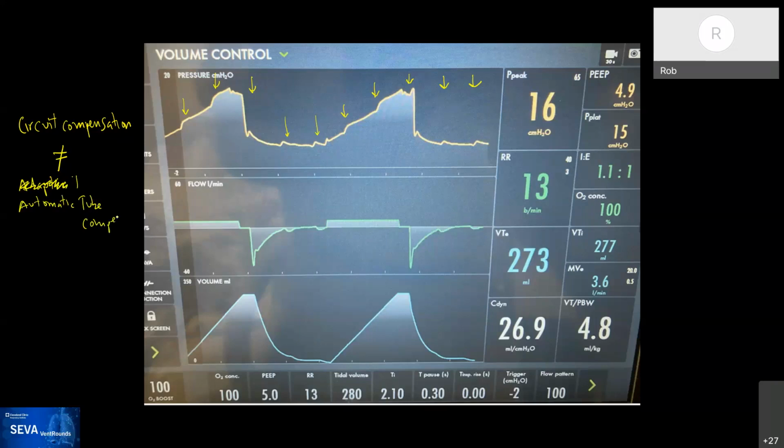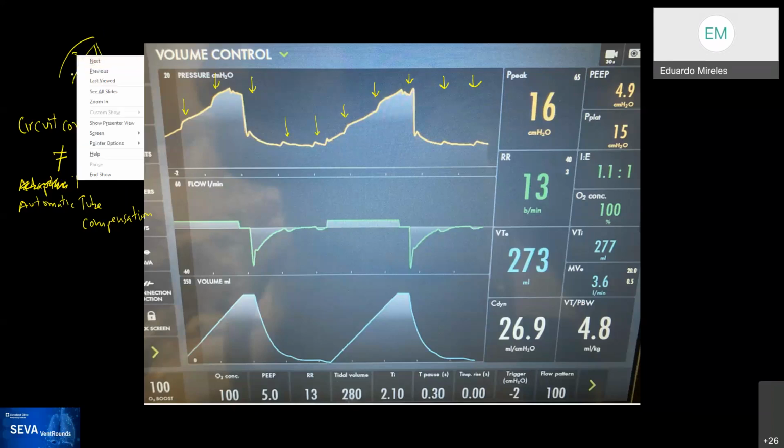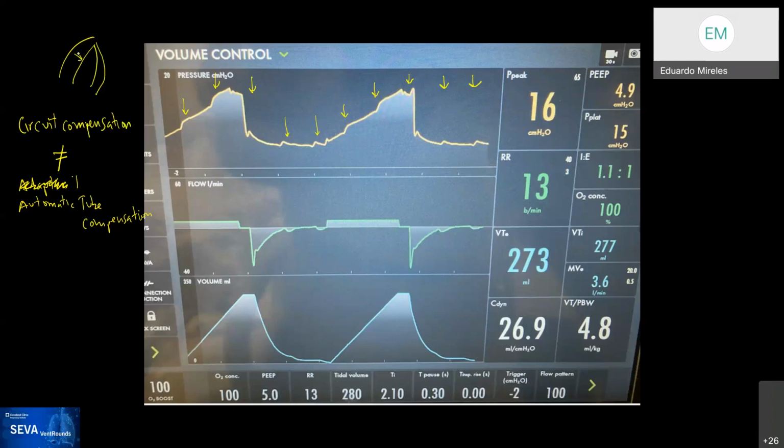Yes, and so the key, and this is a common thing that we hear, is that circuit compensation is very different than automatic tube compensation. They are two different things, right, Rob? Correct. One talks only about the circuit itself, the volume that gets lost and not delivered to the patient because the circuit distends every time the pressure is applied.